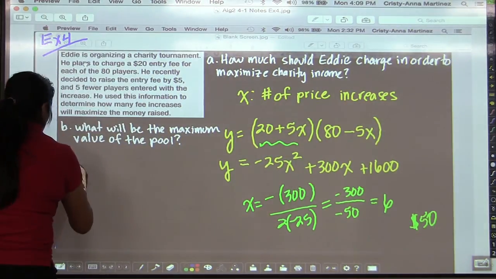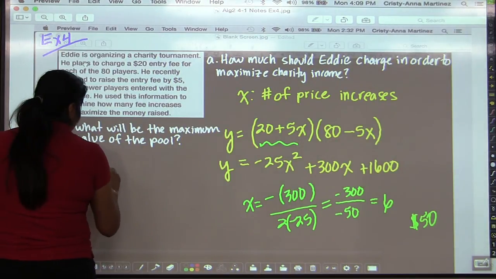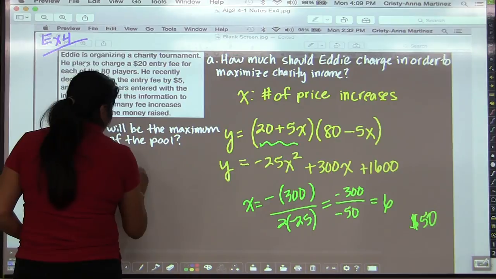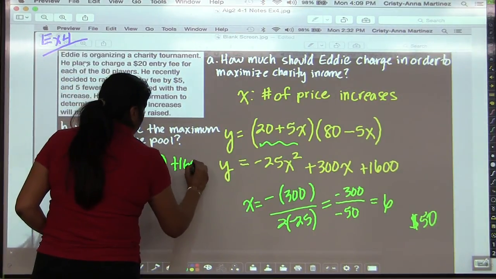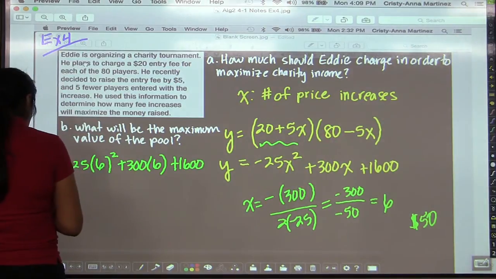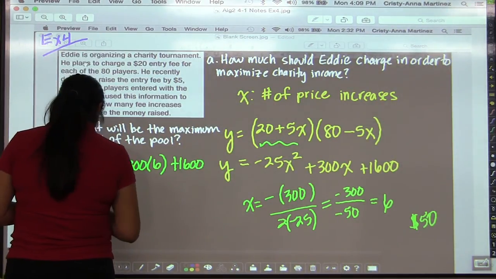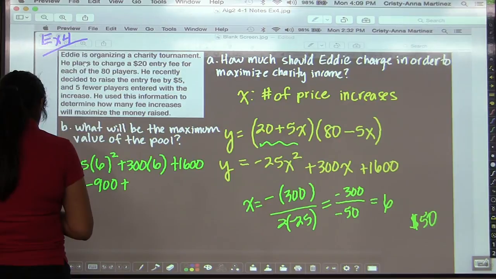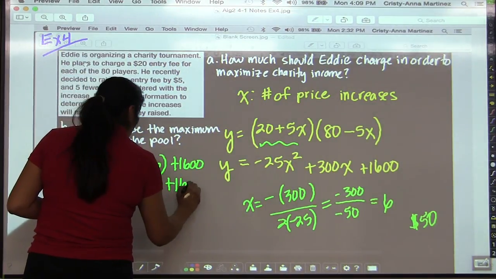Negative 25 times 6 squared plus 300 times 6 plus 1600. 6 squared is 36, so 36 times negative 25 is negative 900, plus 300 times 6 is 1800, plus 1600.